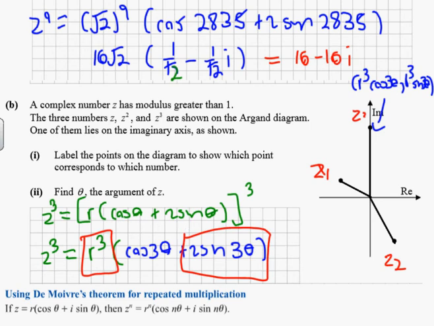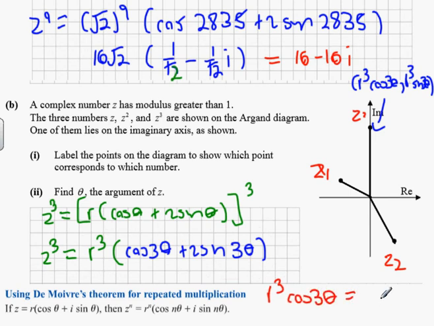Now what we know is that r cubed cos 3 theta equals 0. Sin 3 theta, excuse me, equals 0. What value of sin theta equals 0? Sin 90. Oh wait, is it?